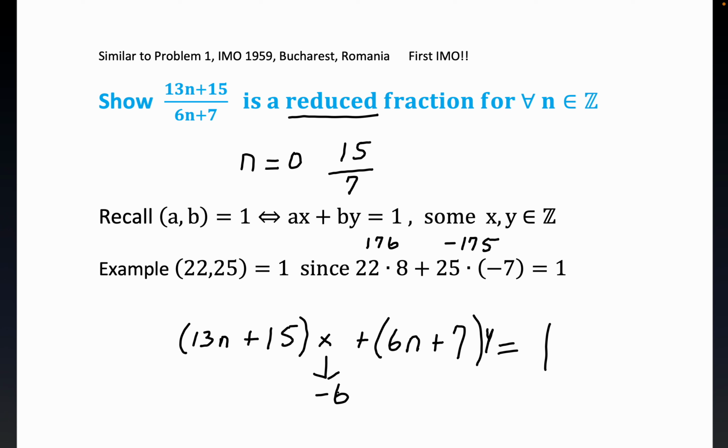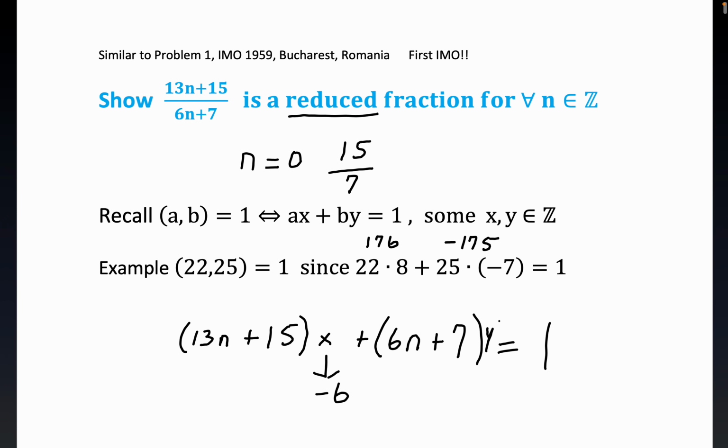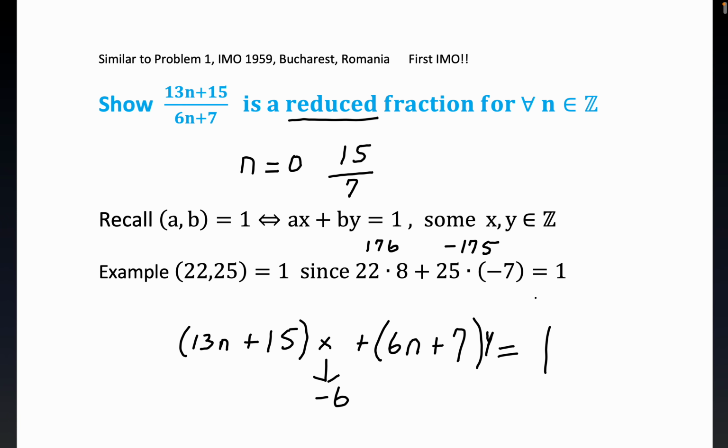So notice that this -6 times 13 is minus 78, and so we would choose our y correspondingly to be 13. So let me put the 13 right there. Okay, then after that, it's not hard to verify. 7 times 13 is what, 91? Okay, and then minus 6 times 15 is minus 90. So this does indeed equal 1.